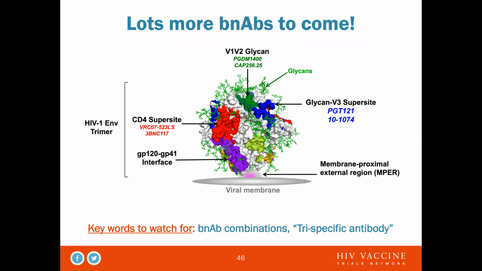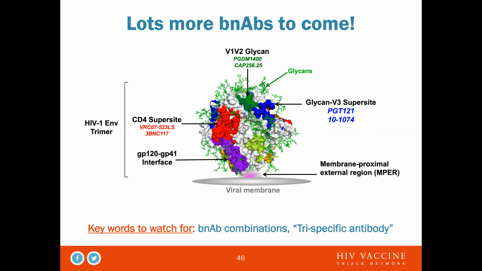And there are lots more antibodies that we're looking at. This picture just gives an idea of how many more broadly neutralizing antibodies there are that have been discovered in the past few years. And there are even more that are not shown here. The idea here is that we will be seeing in future studies that if you can block more HIV by covering different places HIV uses to bind cells, you can increase the potency of a potential vaccine.